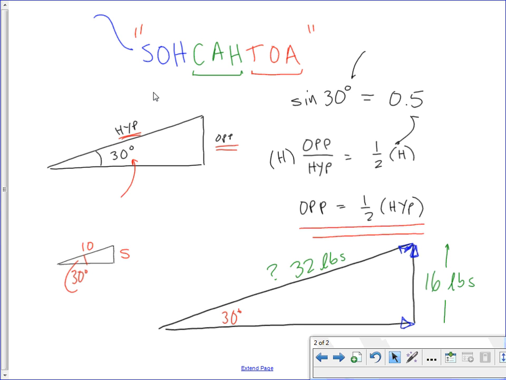But if you're comfortable with this mnemonic device, that by definition the sine of an angle is the length of the opposite side divided by the length of the hypotenuse, and the cosine of any angle theta is the adjacent length divided by the hypotenuse's length, and the tangent of an angle is the length of the opposite divided by the length of the adjacent, well, then we can do pretty well.